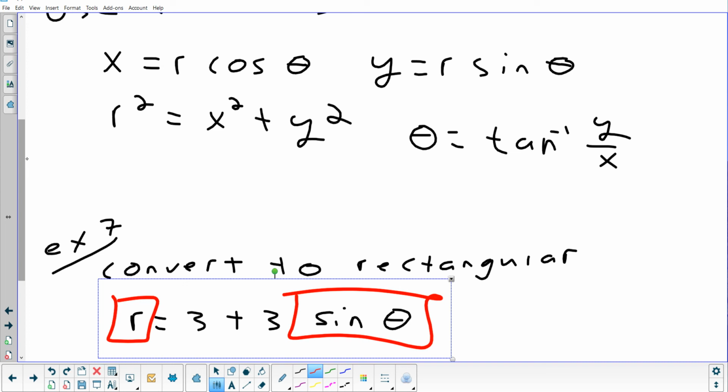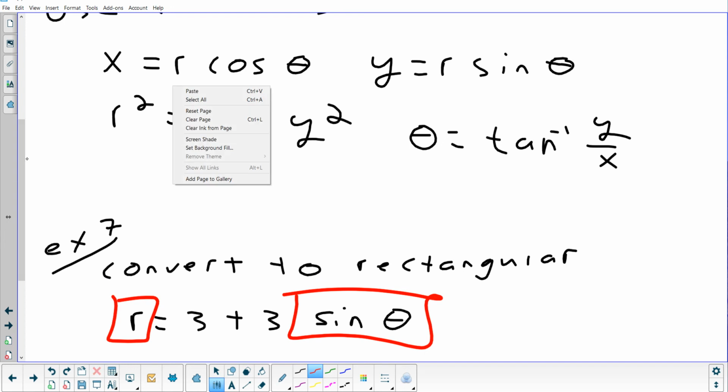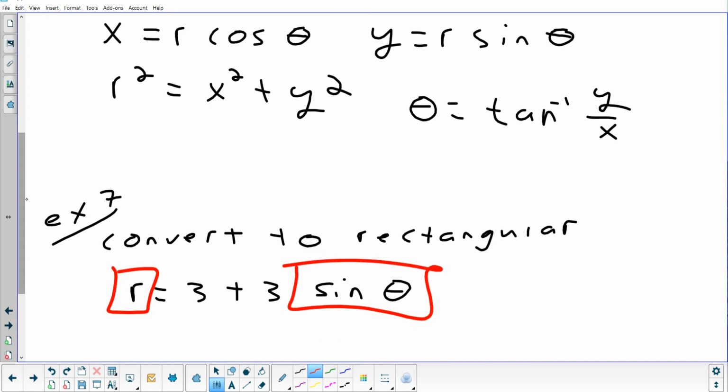Does anybody see something that r equals and it only has x's and y's in it? Yes, you could say x divided by cosine equals r, but then you have to fix cosine. So I'd rather not do that. Yep. I could substitute x squared plus y squared for r. No, not just x plus y.